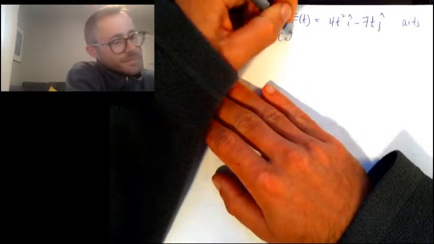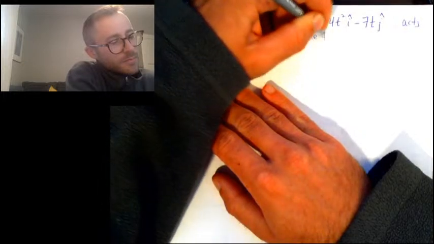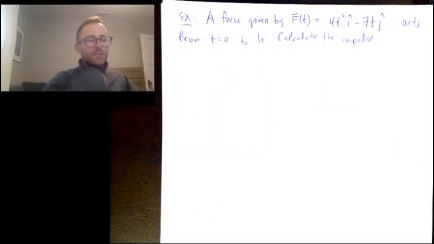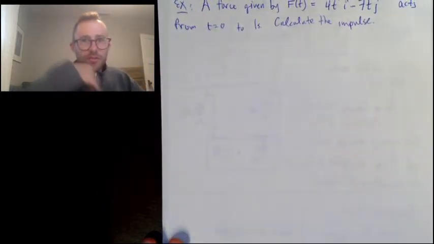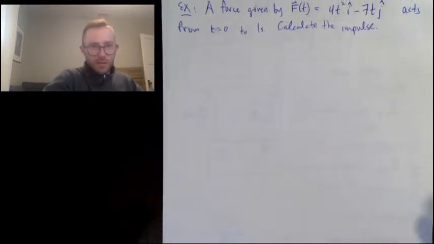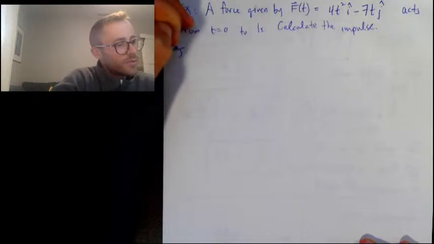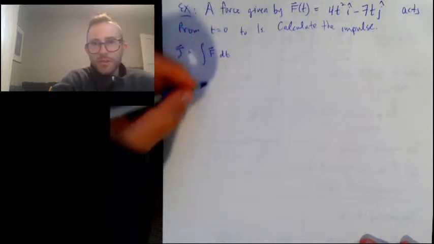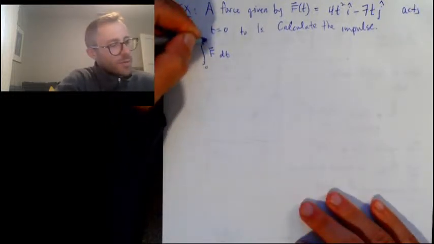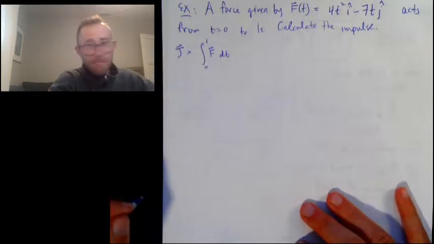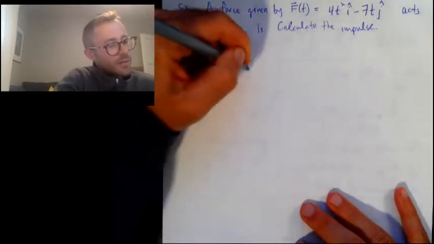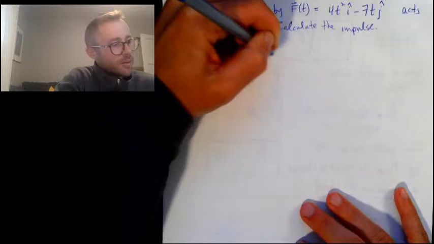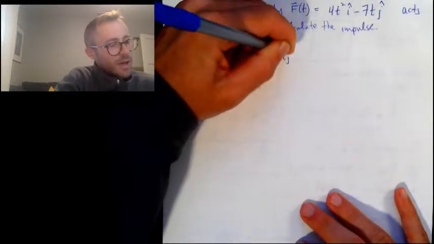Calculate the impulse. The reason that we're doing this example is that I want to show you how to integrate a vector. The impulse is the integral of the force with respect to time. So that's going to be the integral from 0 to 1. Now I'll substitute in my specific force function. So I have 4t squared i hat minus 7t j hat.